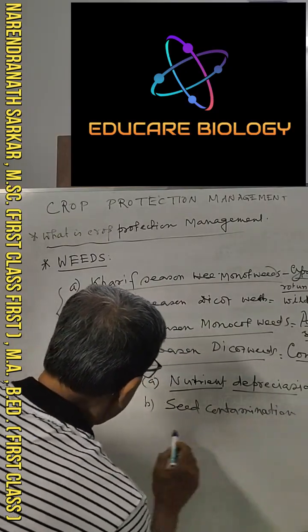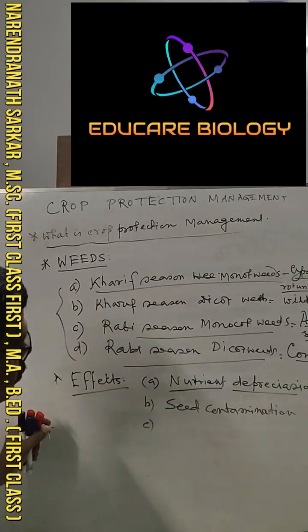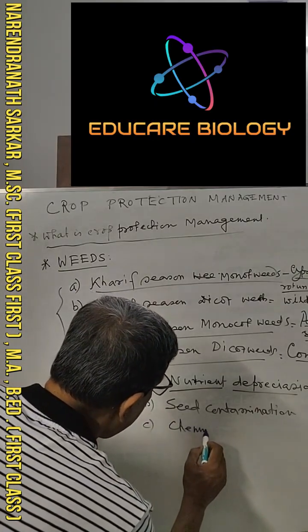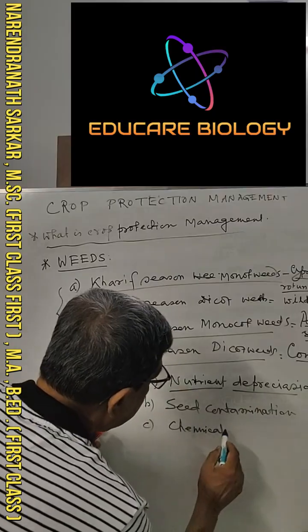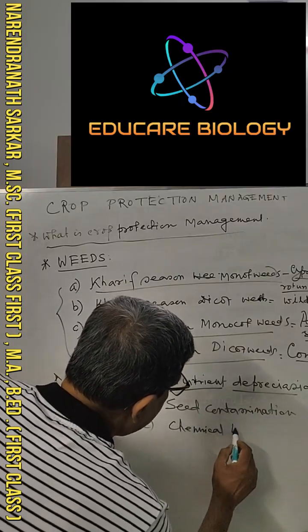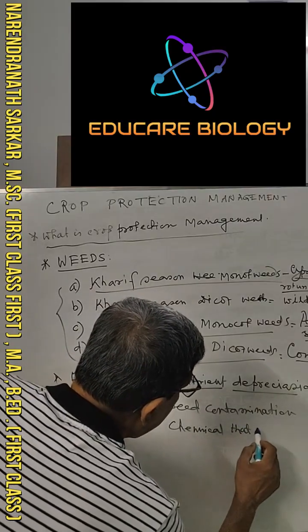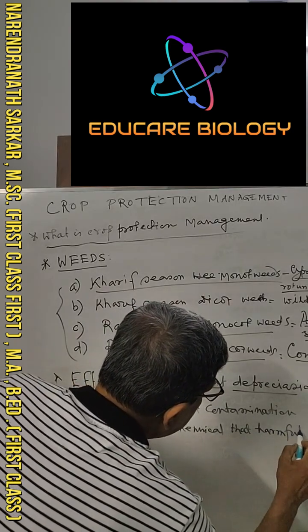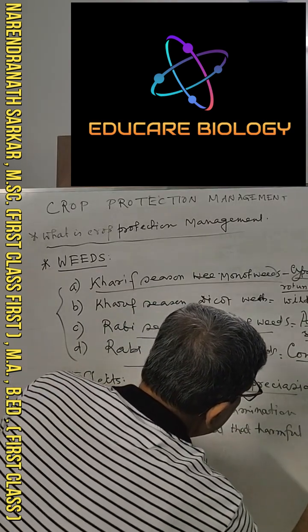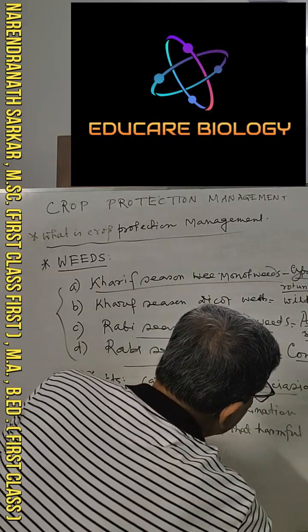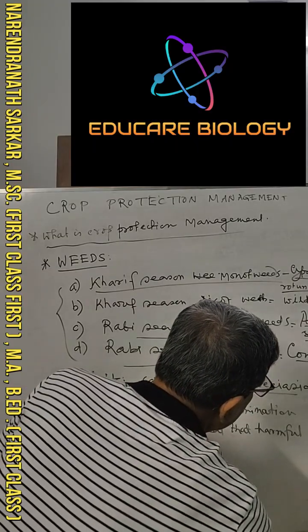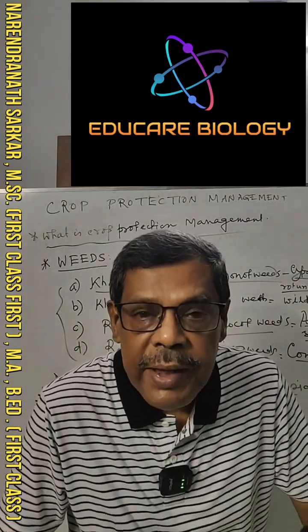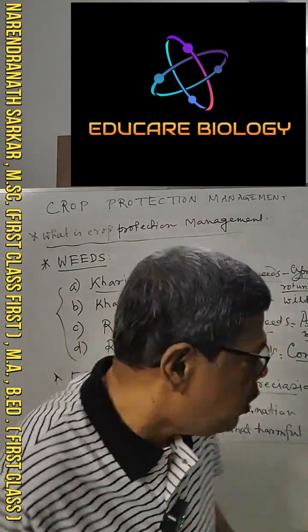Number three, chemicals harmful to crop plants. They exude chemicals which are harmful to the crop.